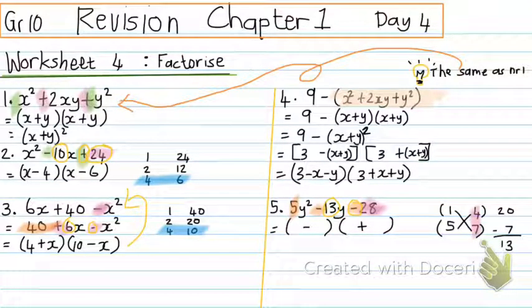Now the bigger one has to get the negative sign, because the middle term decides which sign the bigger one gets. The bigger answer is 20. So the top bracket will get the negative and the bottom bracket will get the positive. So it's going to be y minus 4 and 5y plus 7.